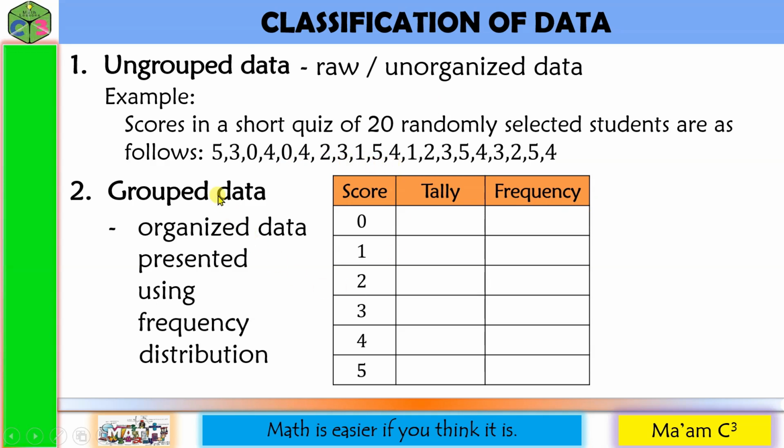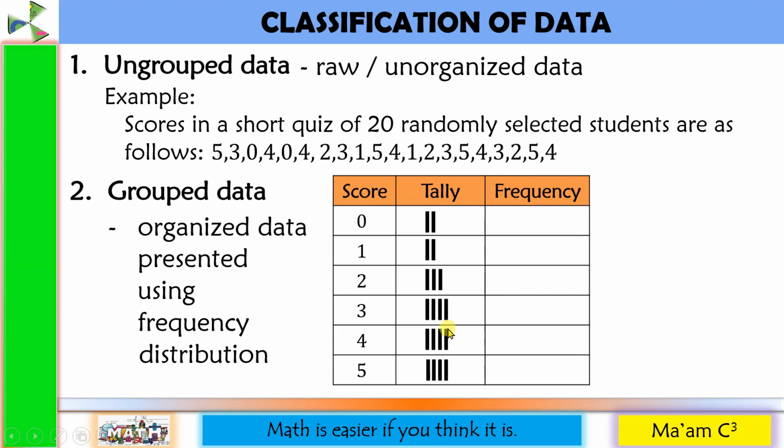Now for the tally, we'll start with the first one, 5. So 1 vertical line in the row of 5. And then we have 3, so 1 vertical line here. And then 0. And then we have 4. Another 0. Another 4. Then we have 2, 3, 1, 5, 4, 1, 2, 3, 5, 4, 3, 2, 5, and another 4.